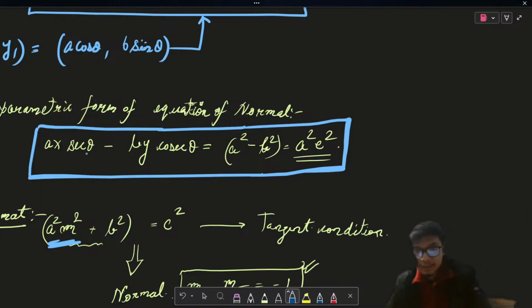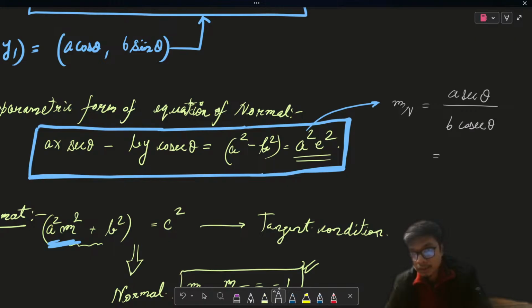So here also we can solve the problem. The slope of the normal from here is basically a secant theta by b cosecant theta, right? If I simplify this relation, it is a by b tan theta, right?